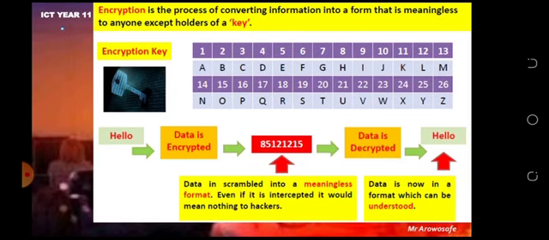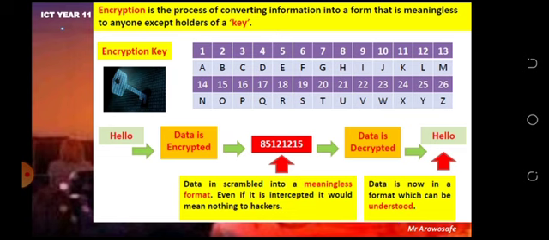We have what is called encryption. It's also a method to increase the level of security. Encryption is the process of converting information into a form that is meaningless to anyone except holders of a key. That is scrambling of data into a meaningless format.